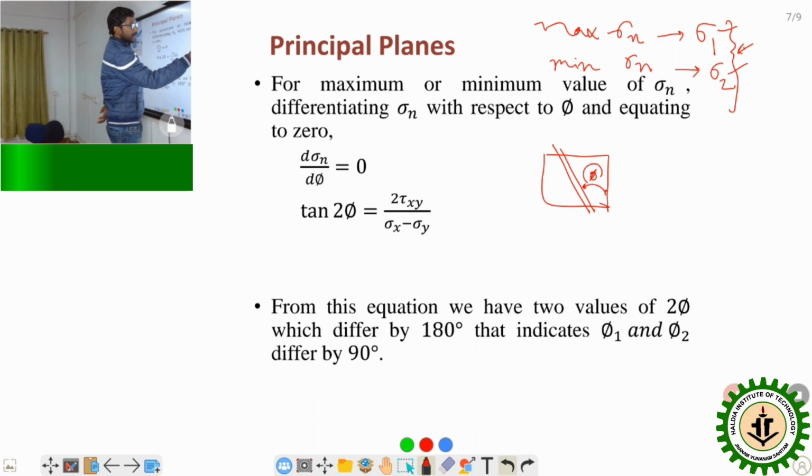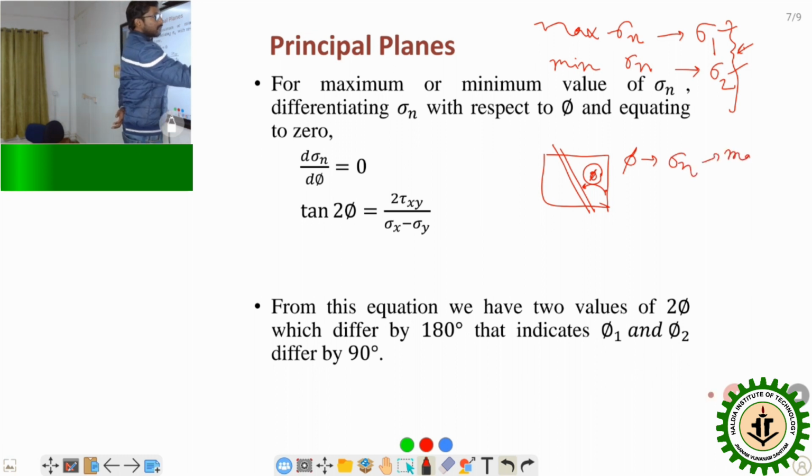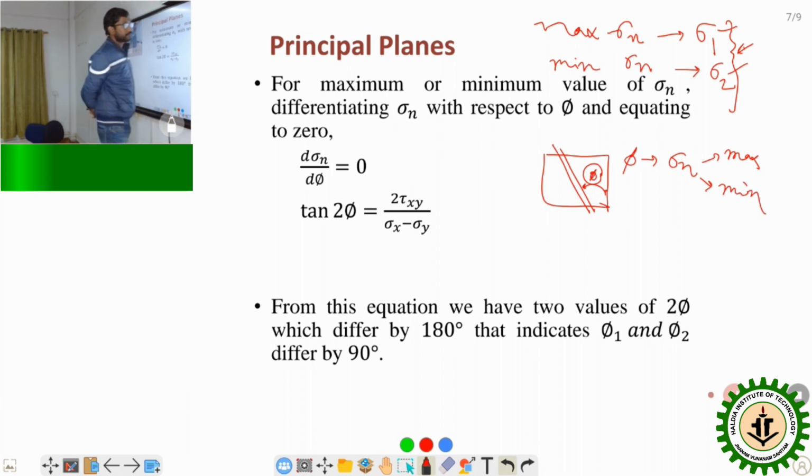So this phi is a variable. For one particular value of phi, sigma n is either maximum or minimum. That is why if we differentiate this sigma n quantity with respect to phi and equate it to 0, finally we will get the value of 2 phi.